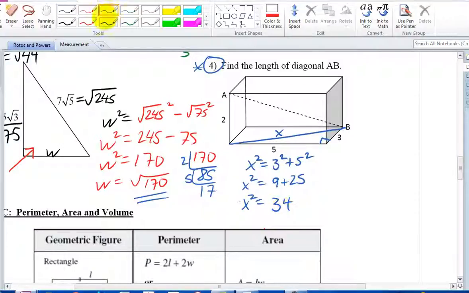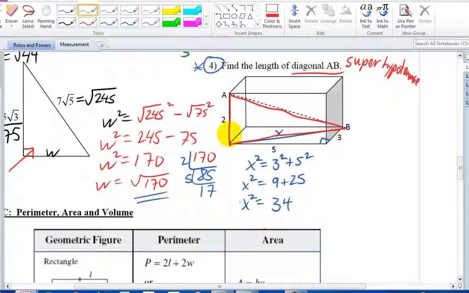So now what we're going to do is you just found the hypotenuse that goes into your page. What we're going to do now is figure out the super hypotenuse. So A and B, sometimes we call it the super hypotenuse. So now what you have to do is do Pythagoras again.